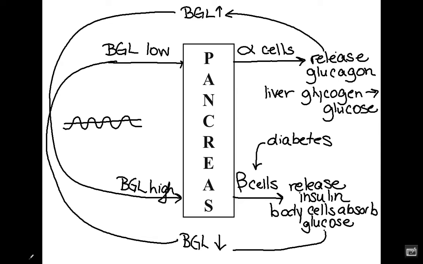So that blood glucose level is just going to stay very high. And that's one of the dangers of being diabetic, that you can have very high blood glucose levels, and that's one of the things that they actually have to test for.